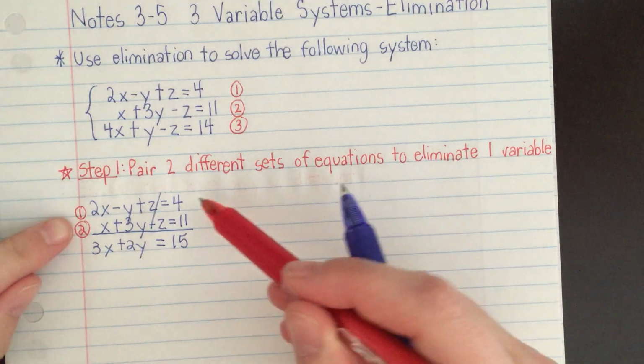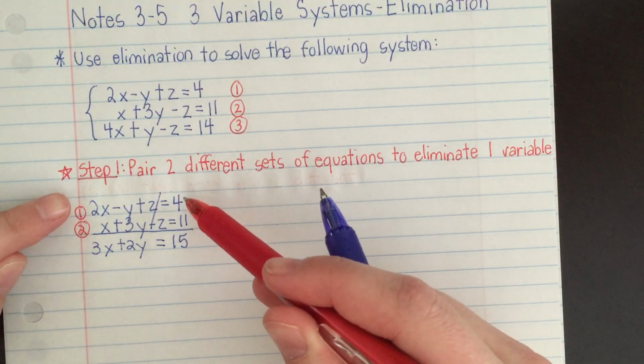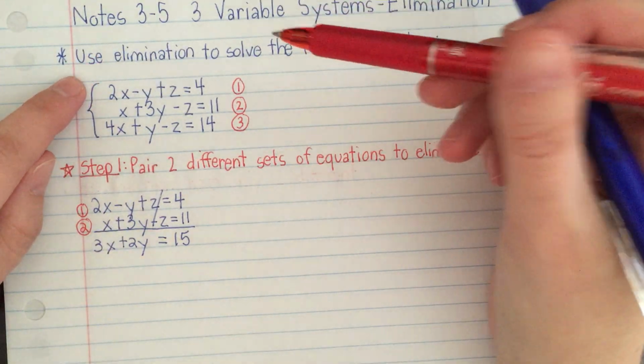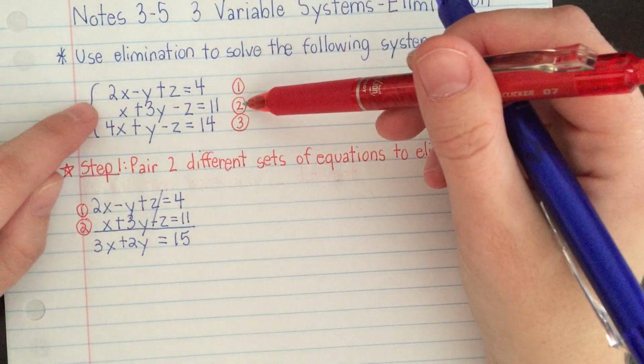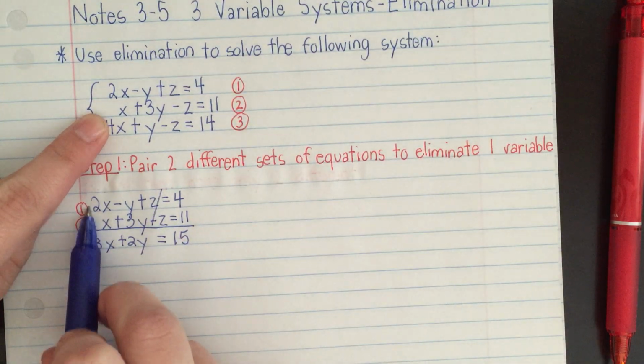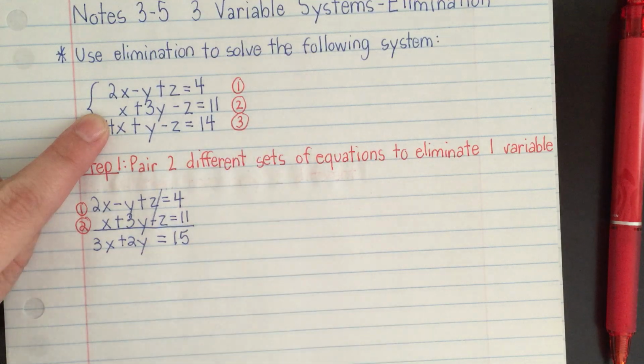Now I have to pick another set of 2. I've already done 1 and 2, so obviously I'm going to have to repeat 1. It doesn't matter which other 2 you choose as long as it's not the same as these and as long as you include 3.